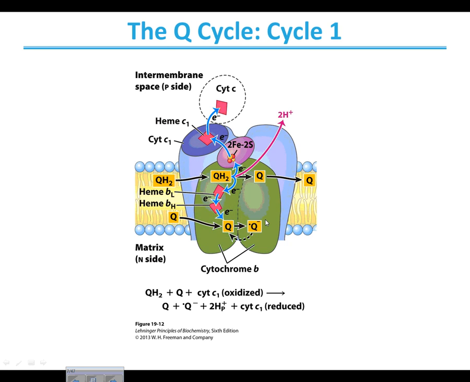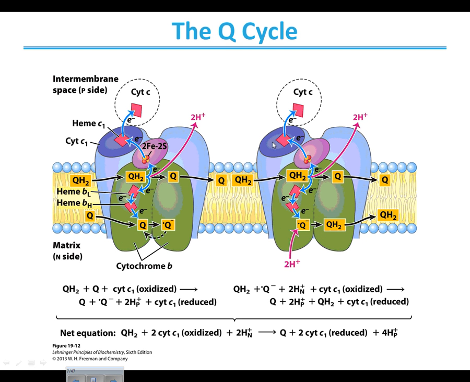Then in the second cycle, which my picture didn't come up, let's just go back here. In the second cycle here, we've got this radical waiting. Well, here comes another molecule of completely reduced coenzyme Q. It's going to do the same thing as it gives an electron to the cytochrome C. 2 more protons go into the intermembrane space.